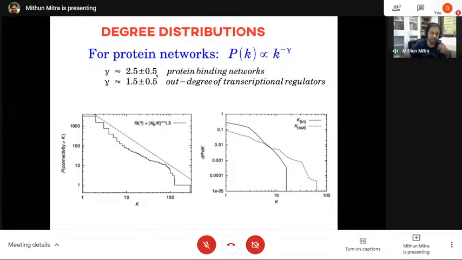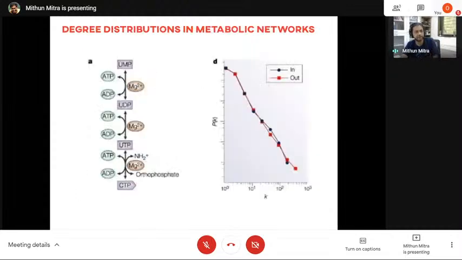And of course, the value of gamma depends on what network you're looking at. For example, protein binding networks, I think this was data from yeast again, has a gamma of 2.5. So the power varies, but very often you'll find these scale-free networks with power law degree distributions reappearing again and again in different contexts.